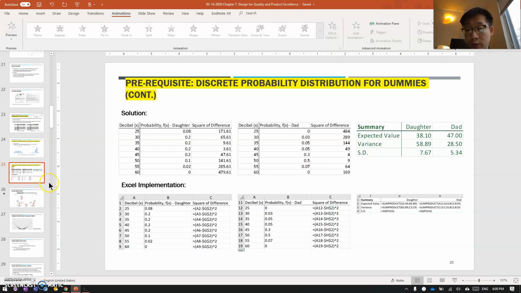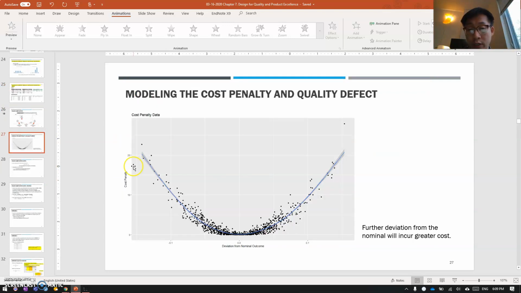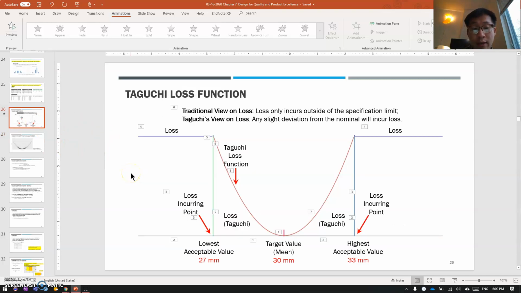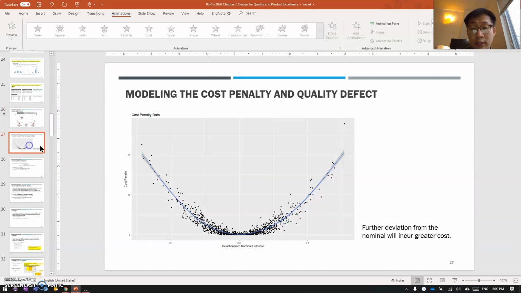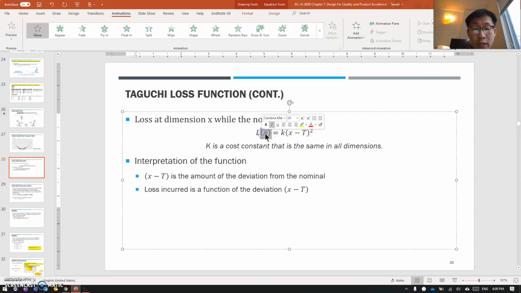We were able to study the Taguchi loss function. The key here is that the Taguchi loss function identifies this profound truth that even a slight deviation from the target can still incur cost. So this is actual cost data. We can model in this fashion, and it can help you find out the expected loss for a specific quality dimension.